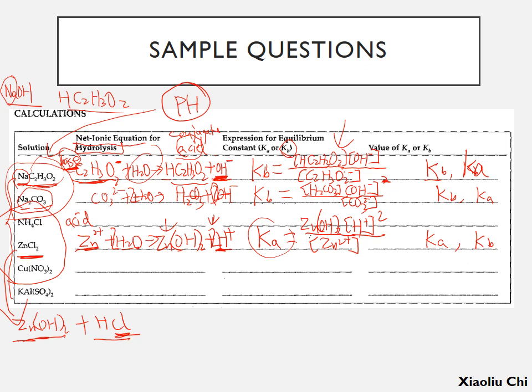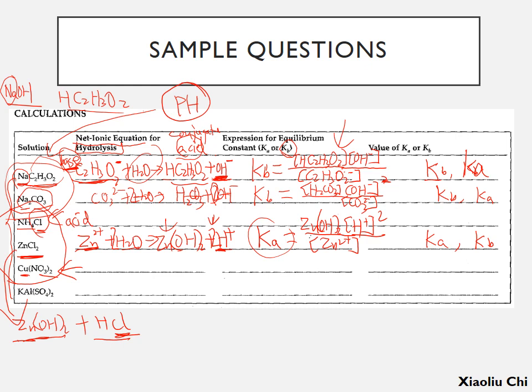All right, you do the same for copper nitrate and ammonium chloride. Because copper hydroxide is a weak base, and ammonium is a weak base, but nitrate comes from nitric acid, so nitrate should be a spectator ion and doesn't hydrolyze.